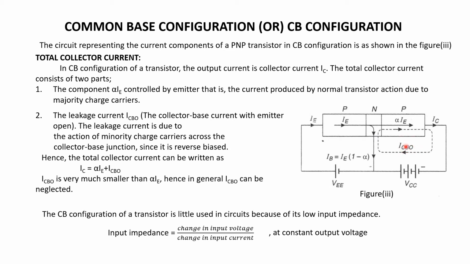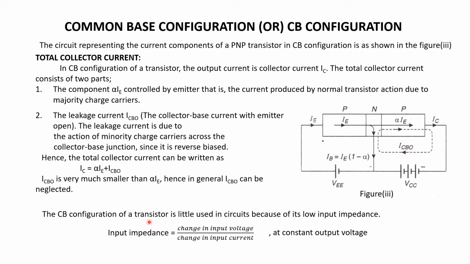That current is said to be the leakage current, and that is nothing but collector to base current with emitter open. Here there is no battery, hence the emitter is said to be open. So the total collector current can be written as alpha IE plus ICBO. But ICBO is very small when compared to alpha IE, hence generally this leakage current is neglected.